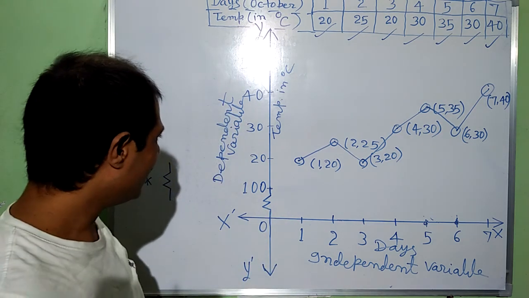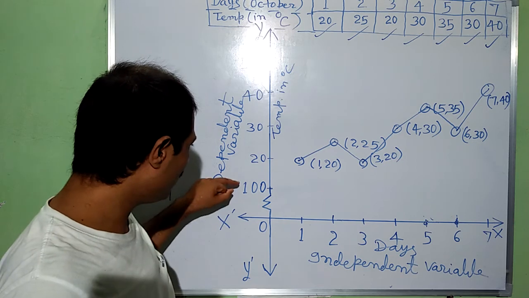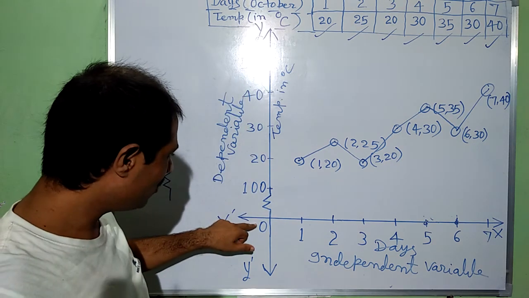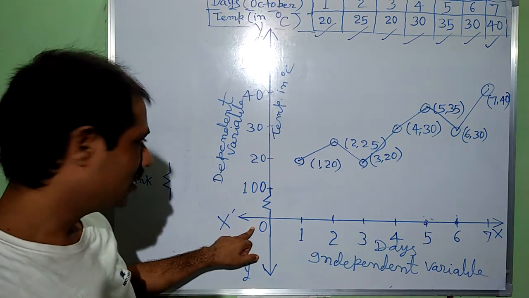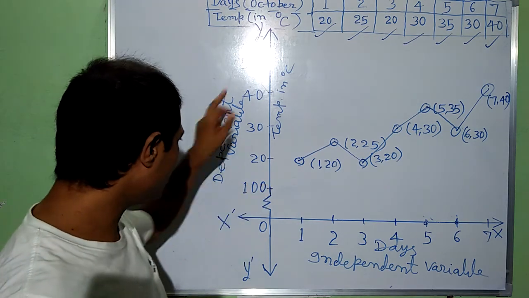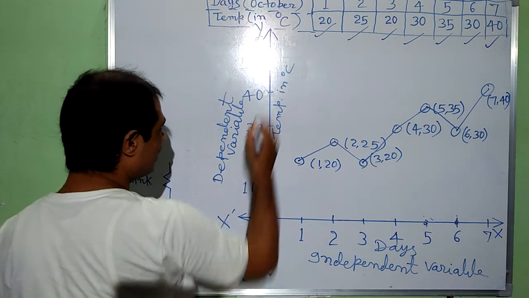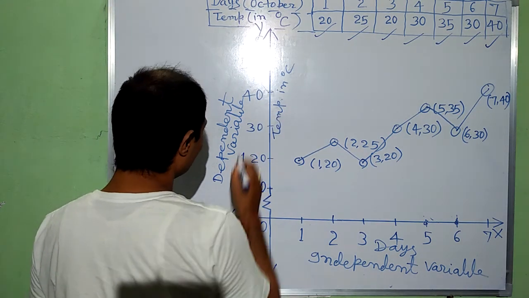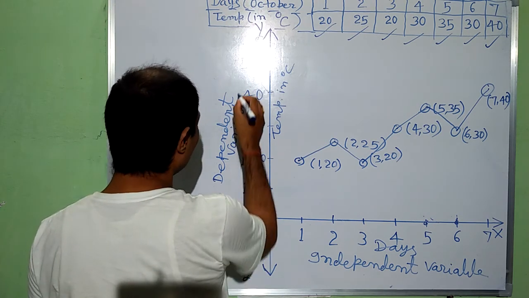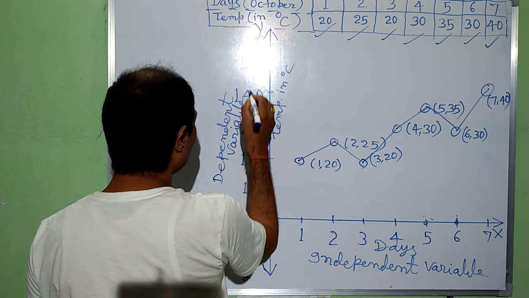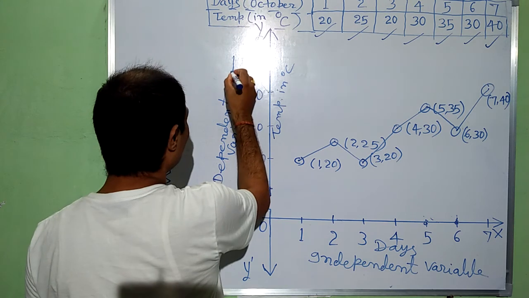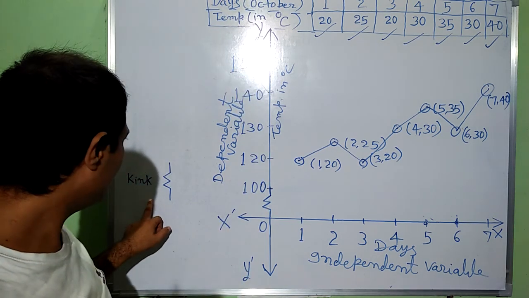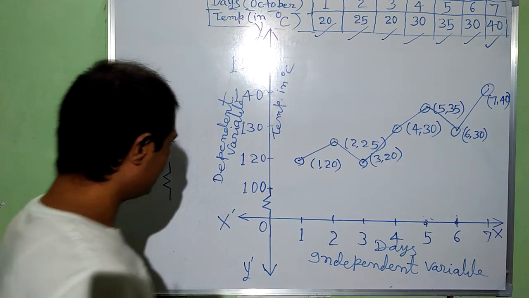It means the graph is started from this point 100, not from this O. Now equal distances will be taken: 100, 120, 130, 140, 150, and so on. In this way, the kink is used.